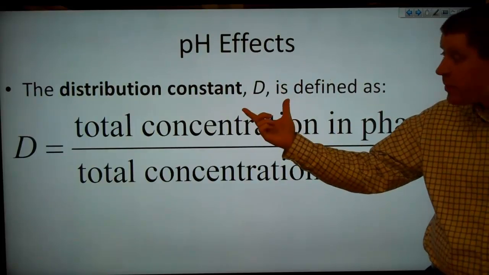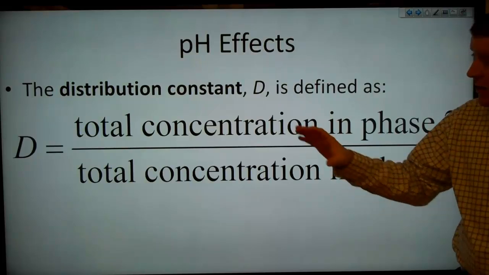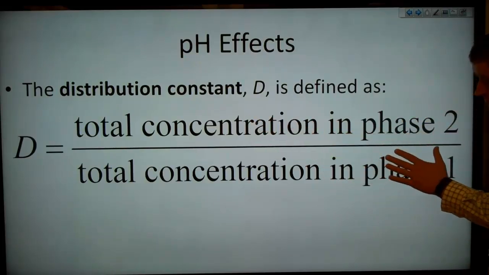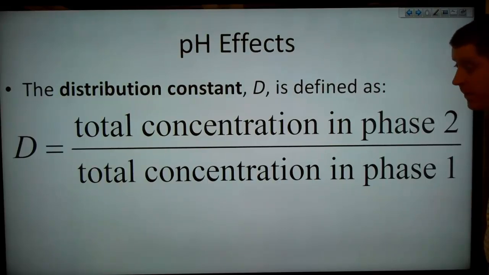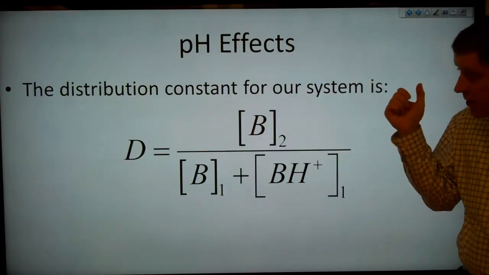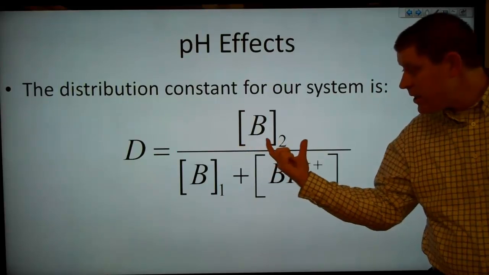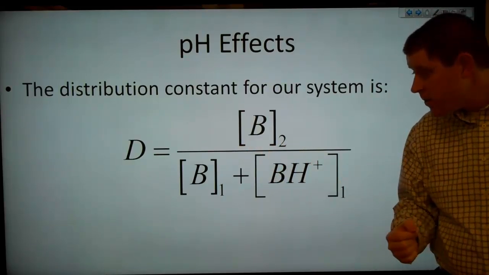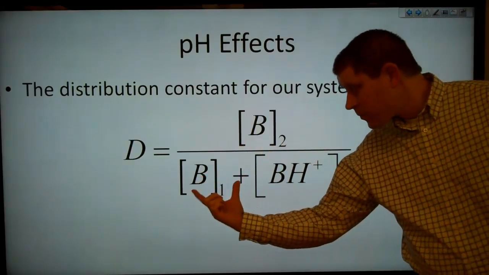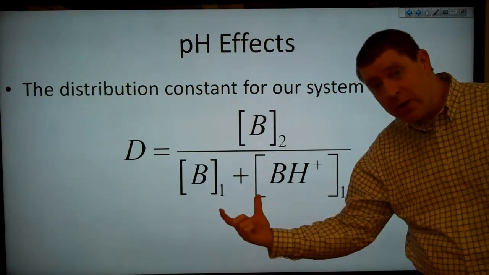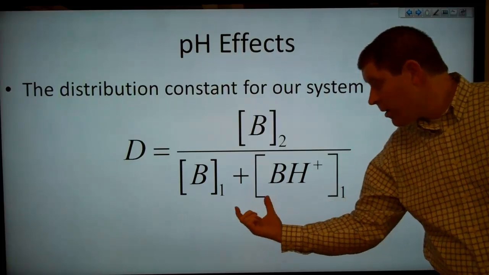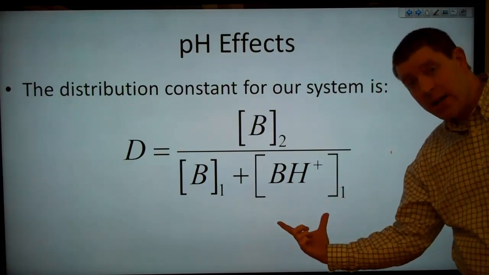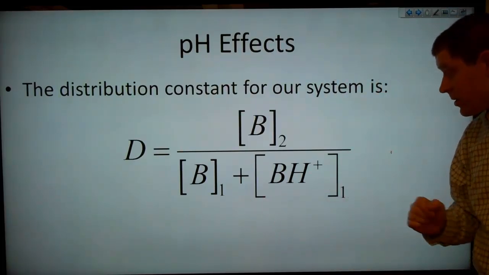This means that the distribution constant D is defined as the total concentration in phase 2 divided by the total concentration in phase 1. And the distribution constant for our system then is the concentration of B in the organic phase, phase 2, divided by the total concentration in the aqueous phase, which is the concentration of the neutral basic form plus the concentration in the acidic protonated form, that charged species.